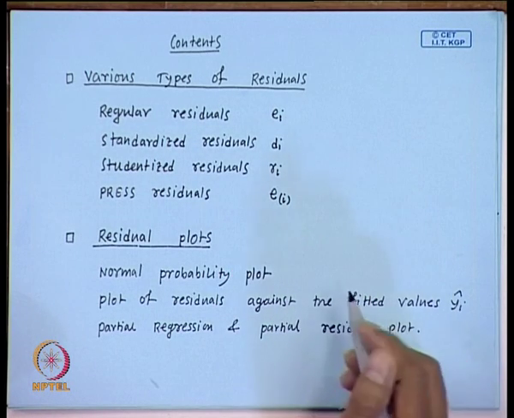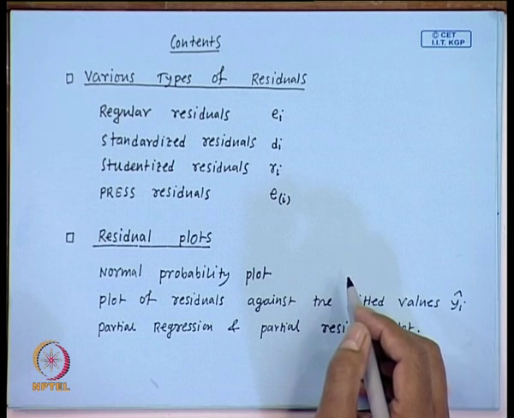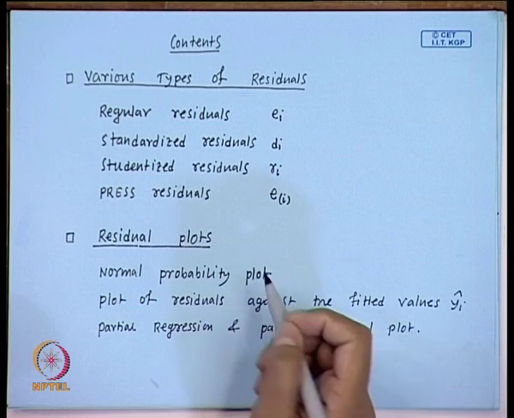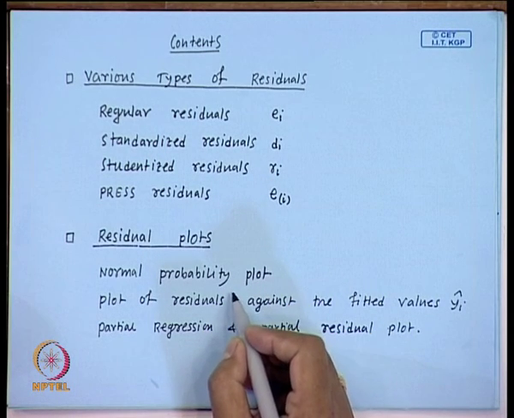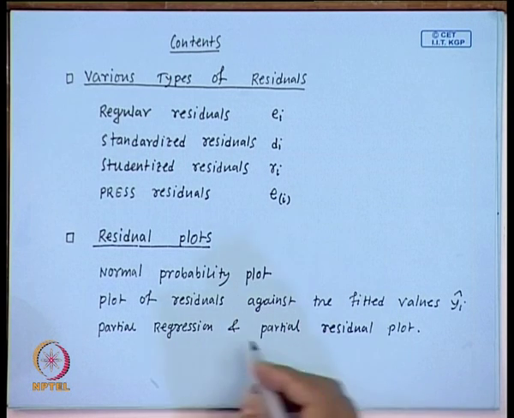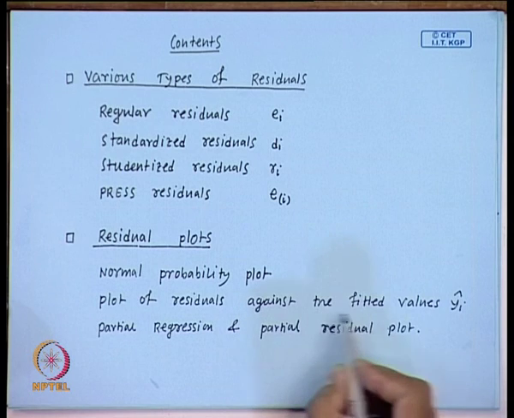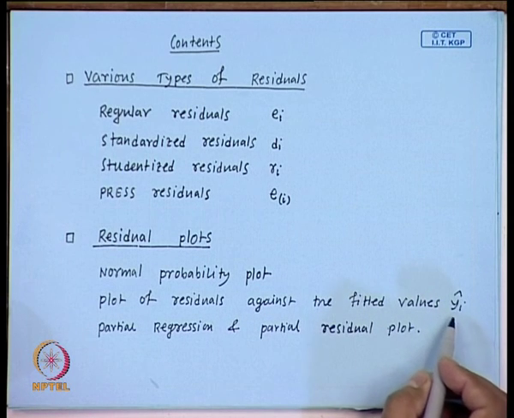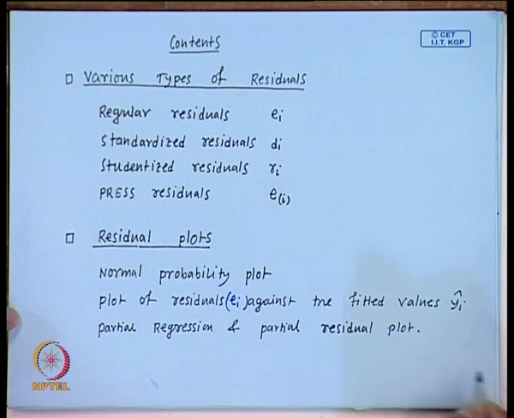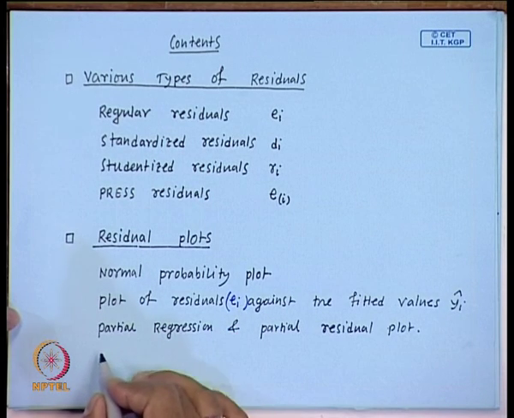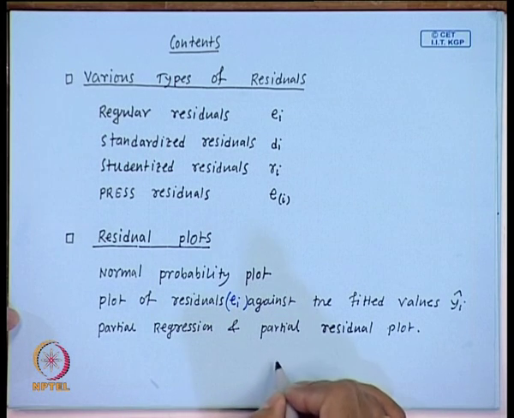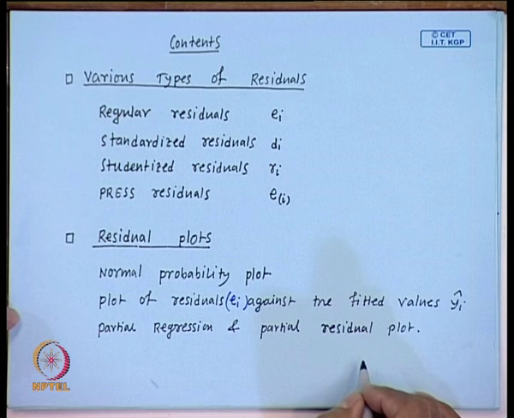Next we will be talking about several types of residual plots, like the normal probability plot or the plot of residuals against the fitted values y I hat, and in the next class maybe we will be talking about partial regression and partial residual plots.